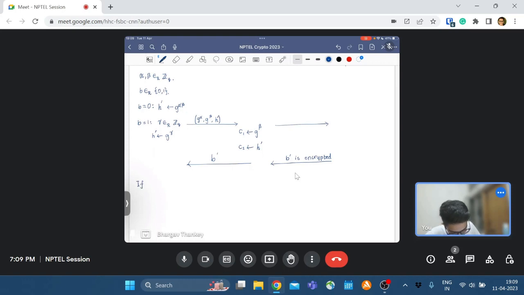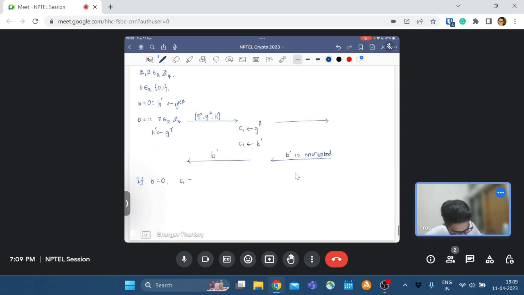If b is equal to 0, C1 is equal to g to the beta for a random beta.